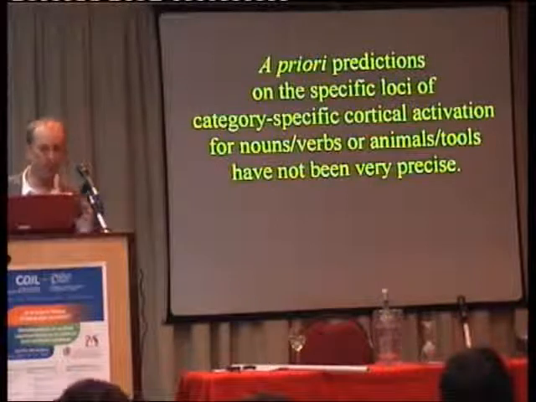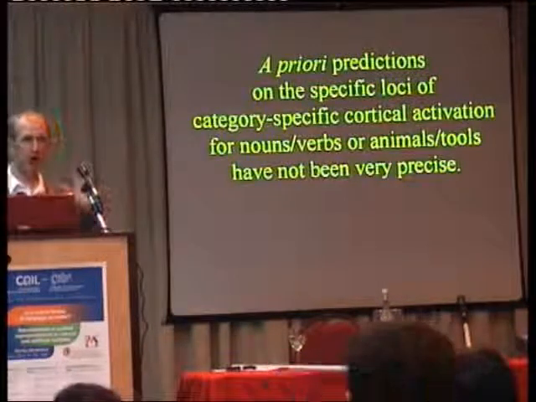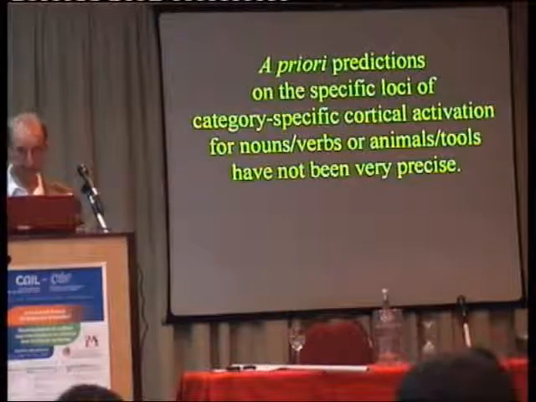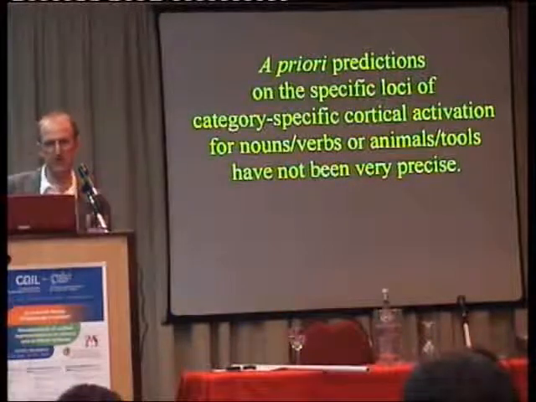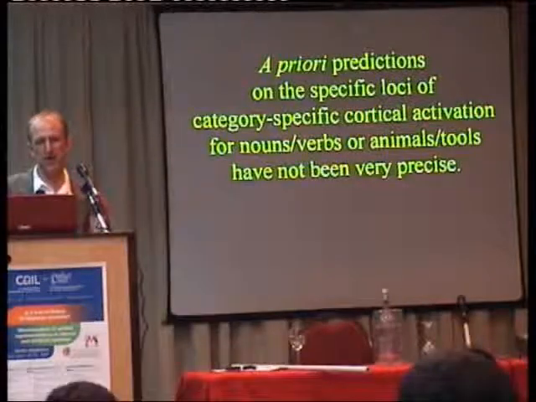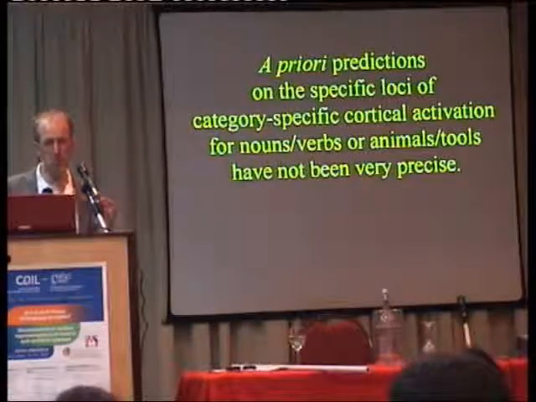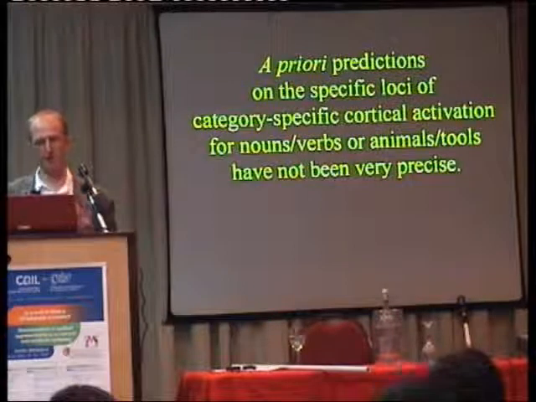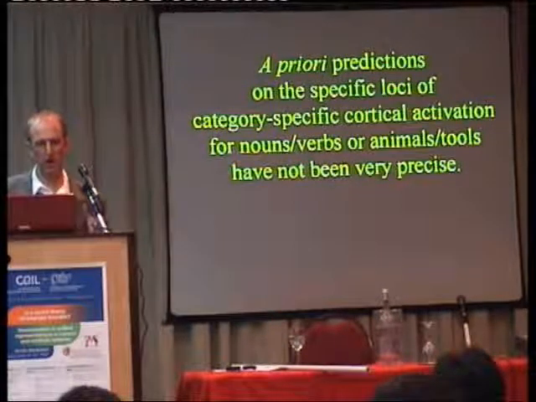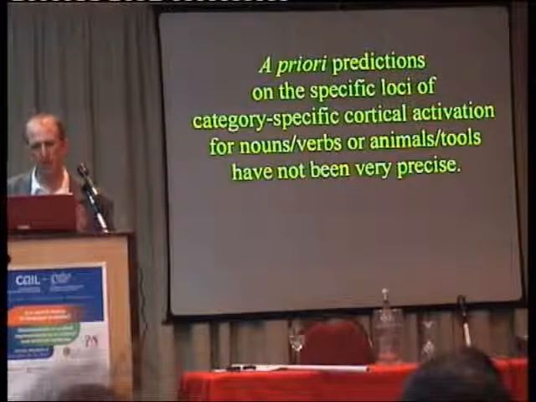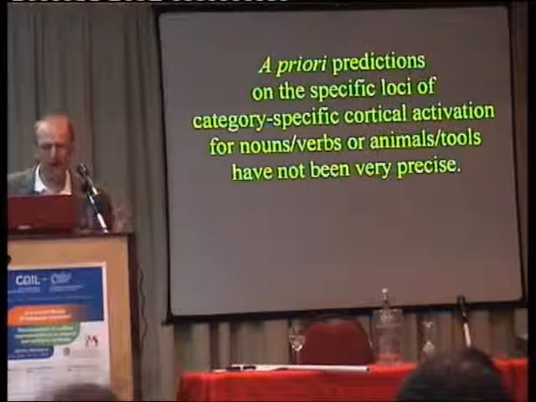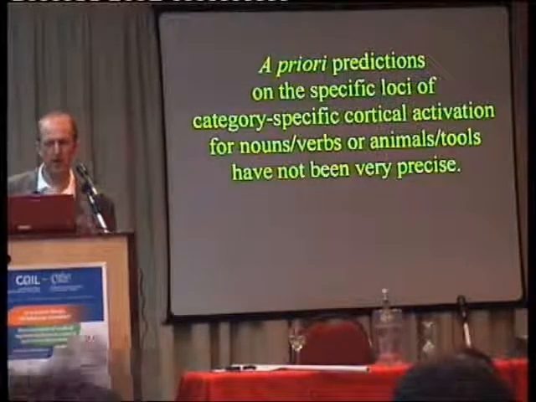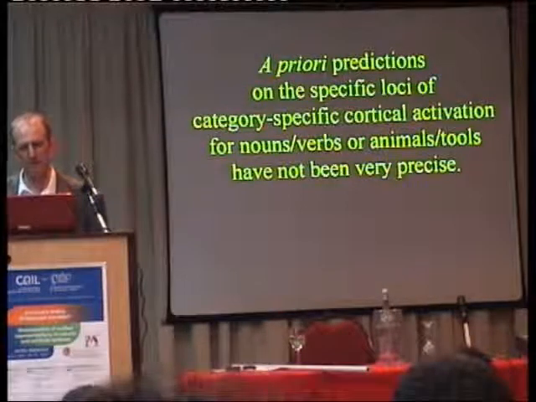According to my view, the previous work on semantic categories, on category specificity, had another problem, especially the neuroimaging work, namely that the a priori predictions on the specific loci where category-specific cortical activations for these categories, nouns, verbs, animals, tools, would be observed were not very precise.